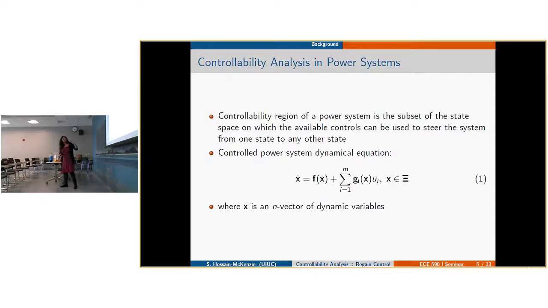The controlled power system dynamical equation is shown in equation 1, where x is the n-vector of dynamic variables. F of x is a vector consisting primarily of the power flow equations. The summation of g_i of x times u_i represents the effects of the controls on the system, which is what we're concentrating on.